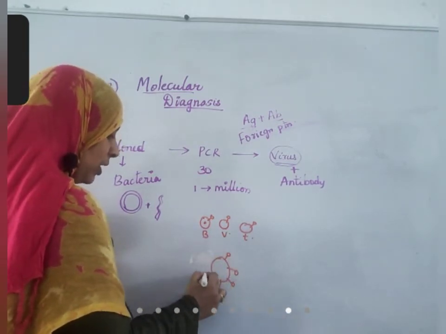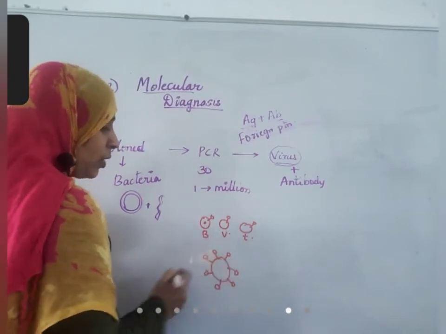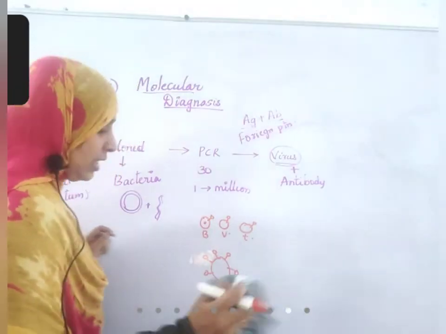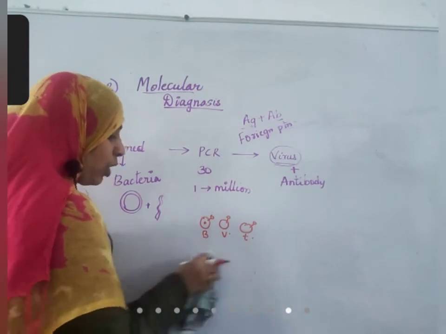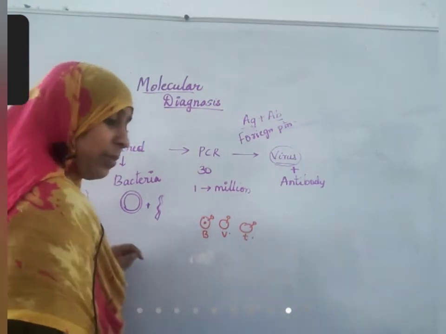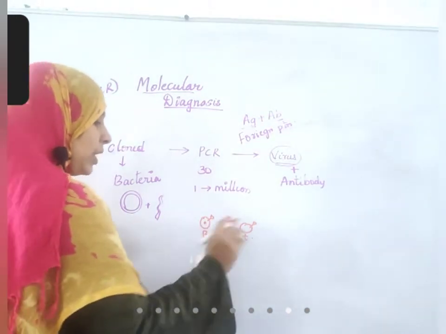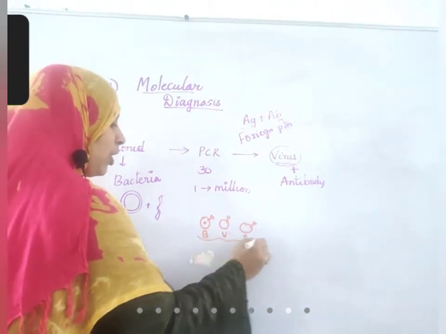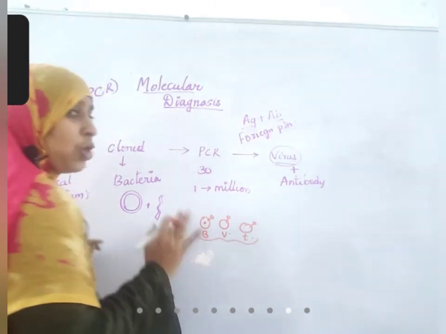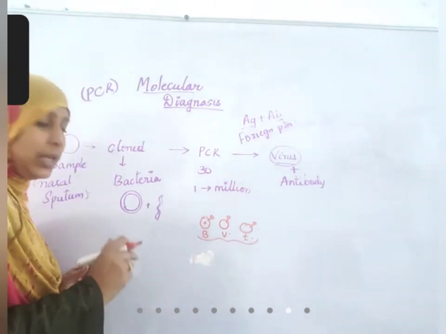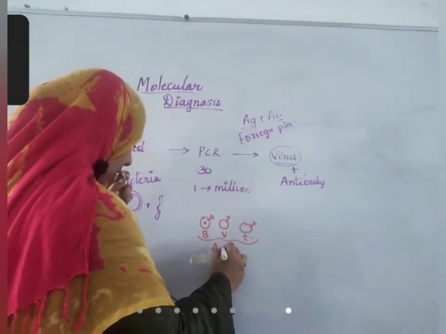These are spike proteins. Definitely protein will be there in every pathogen. Bacterial cell walls and cell membranes have proteins. Any other organism's cell membrane has proteins. Our body has protein. So if any foreign protein enters our body, which was not previously there, then it is called an antigen.